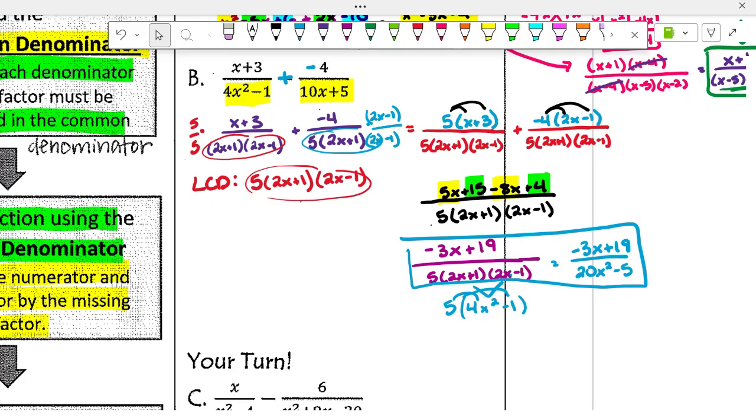Factor for LCD. Yeah. Transfer the negative.